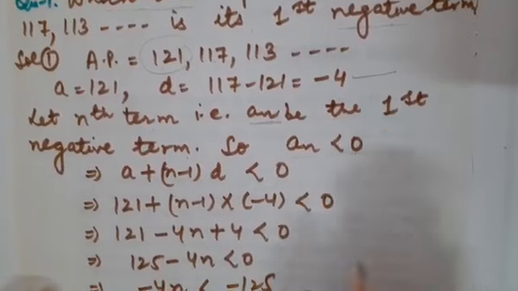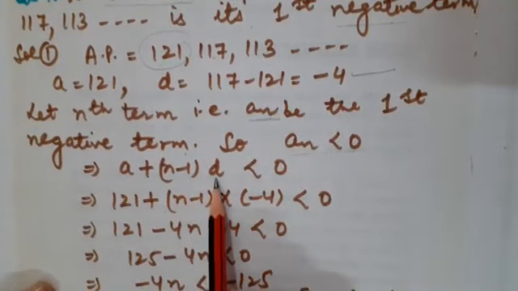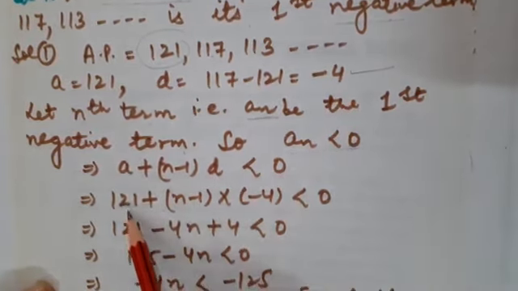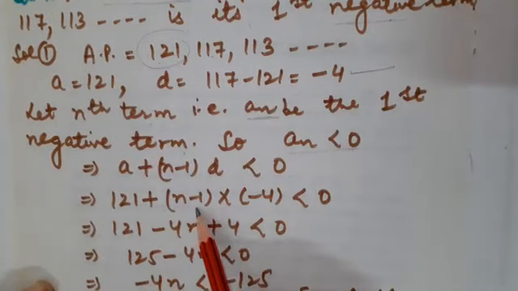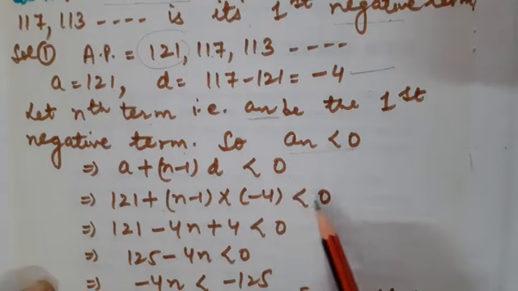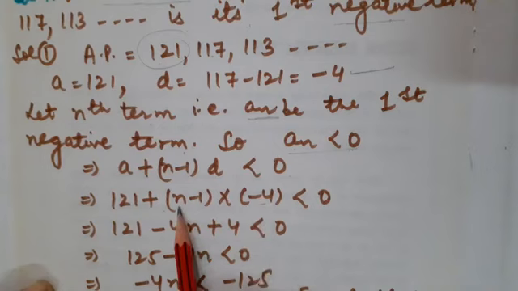Correct? So what is the nth term formula? It is A plus N minus 1 into D, must be less than 0. So substitute the value of A and D over here. It would be 121 plus N minus 1 into, in place of D I am writing minus 4, must be less than 0. So simplify it. 121 minus 4 into N would become minus 4N.